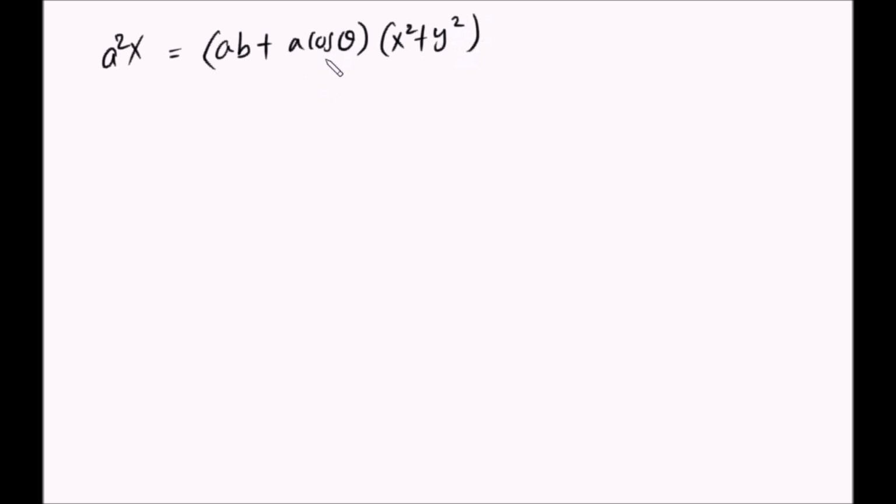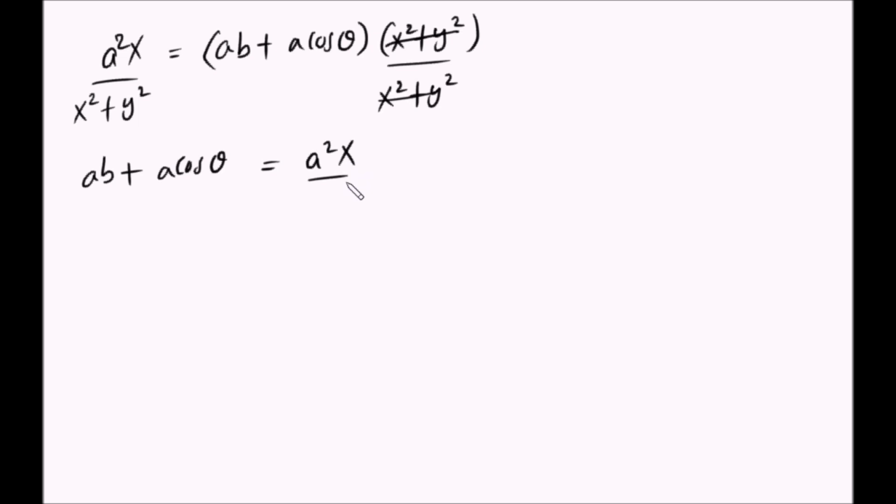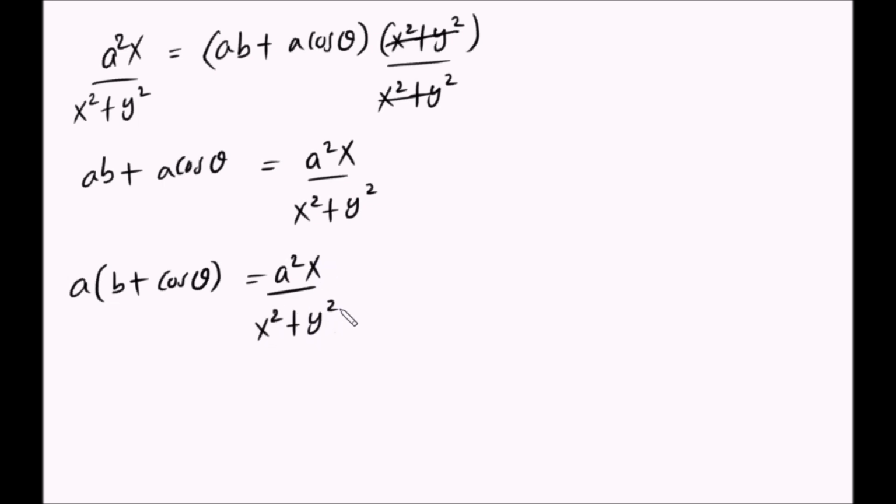So remember I want to get the value of cos theta. So I'm going to divide na huyu x squared plus y squared both sides. So hapa na hapa naondoka. Napata ab plus a cos theta ni sasa na a squared x over x squared plus y squared. Now I can factor out a huku, nitabaki na b plus cos theta ni sasa na a squared x over x squared plus y squared.